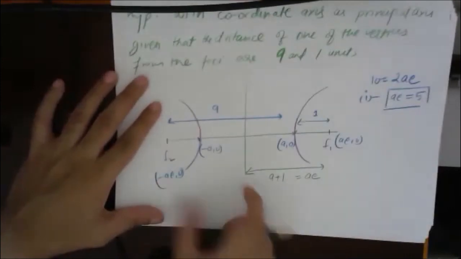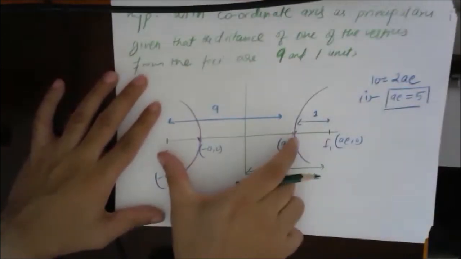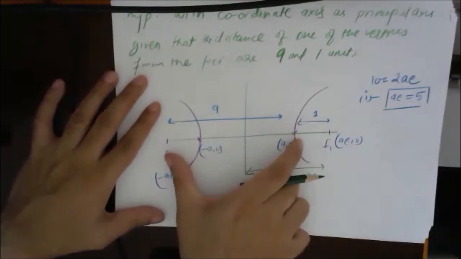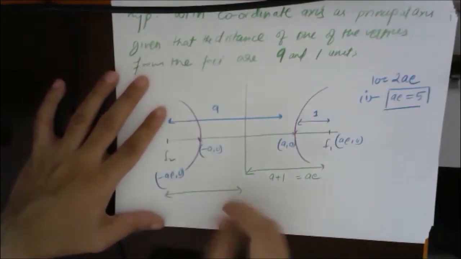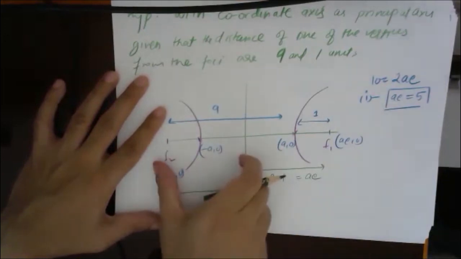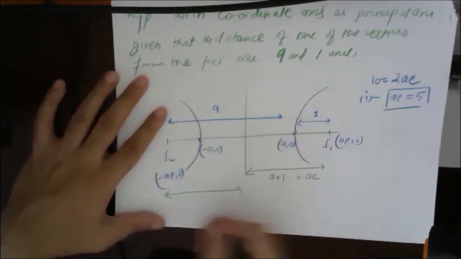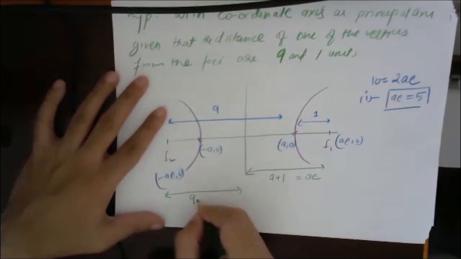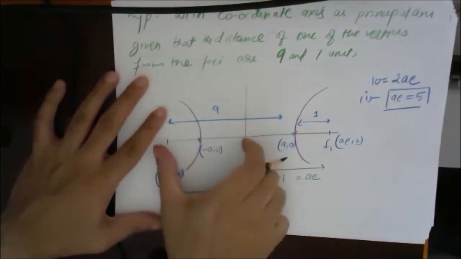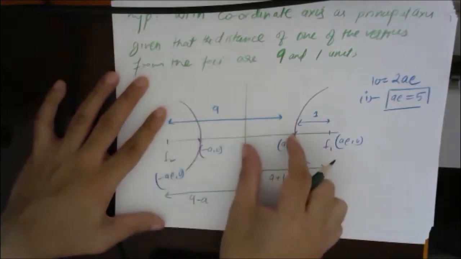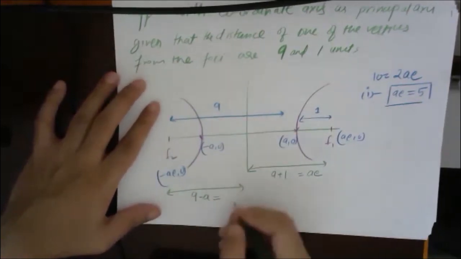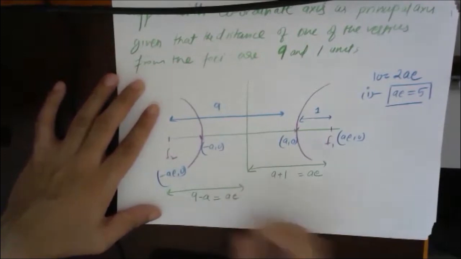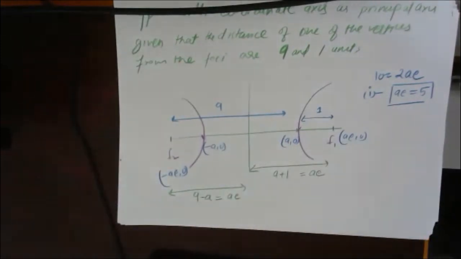Similarly here, the total distance is 9. From here till here the distance will be 9 minus a, and this should equal ae again. Everybody understood?